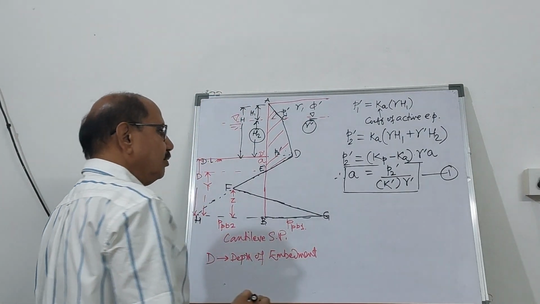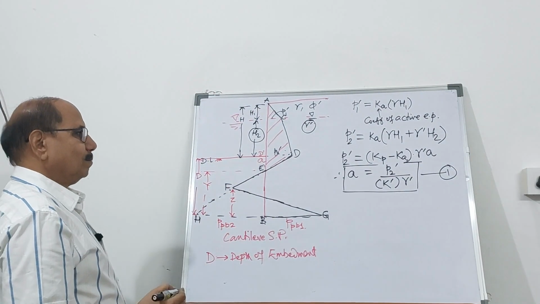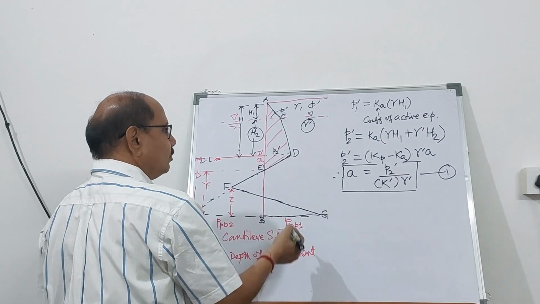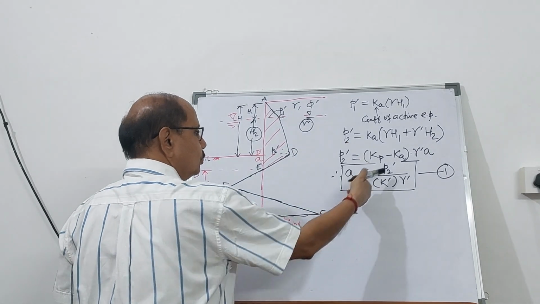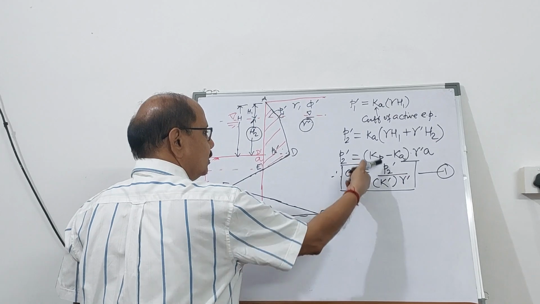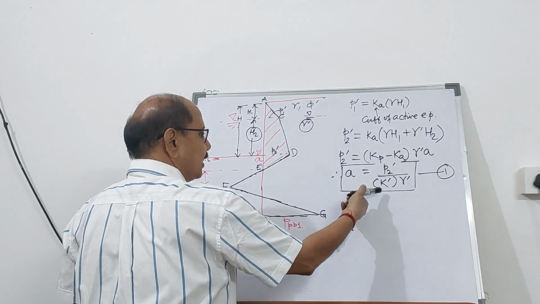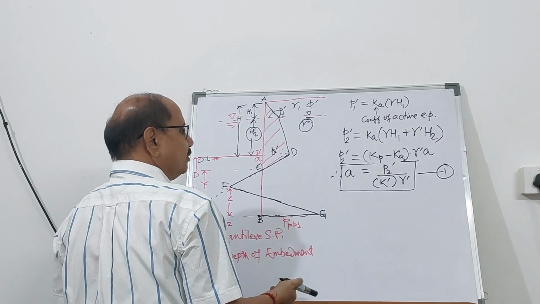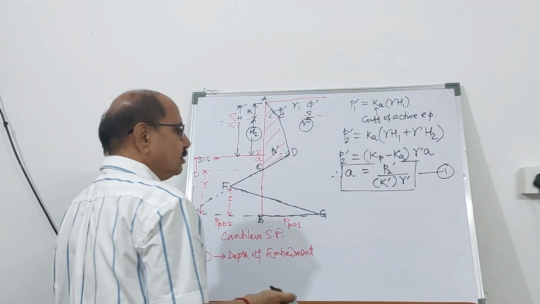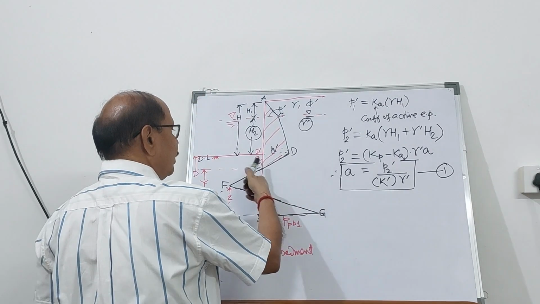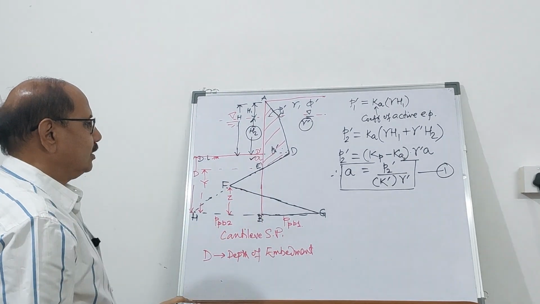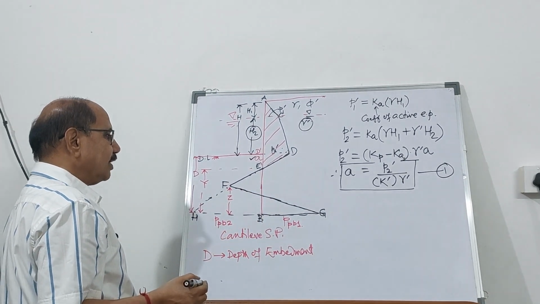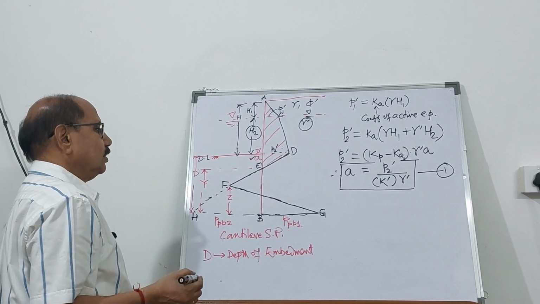You should remember it. P2 prime is known to you. K prime is the difference Kp minus K. Gamma prime is the material property, again known to you. Therefore, A is known. So you have been able to calculate the value of A quite easily.